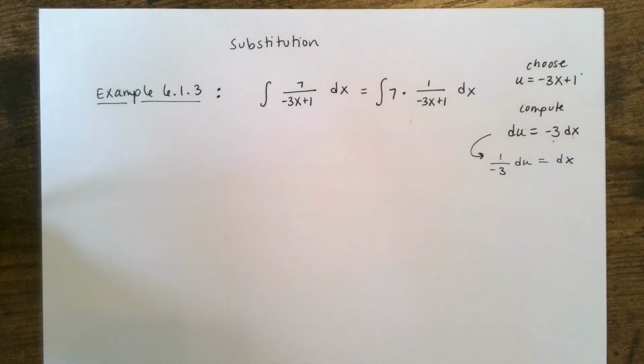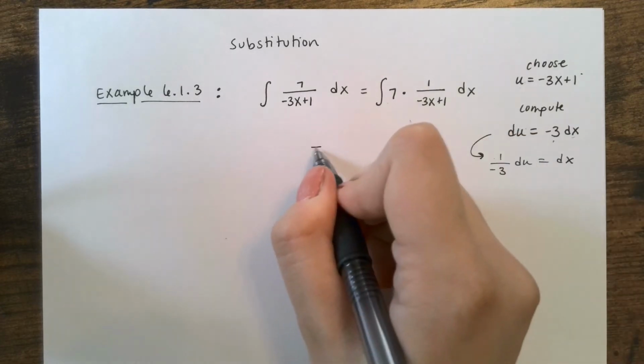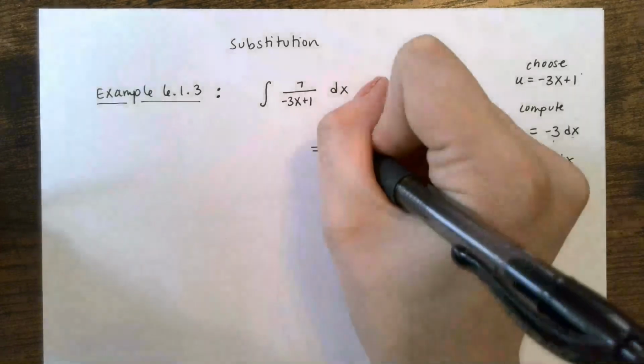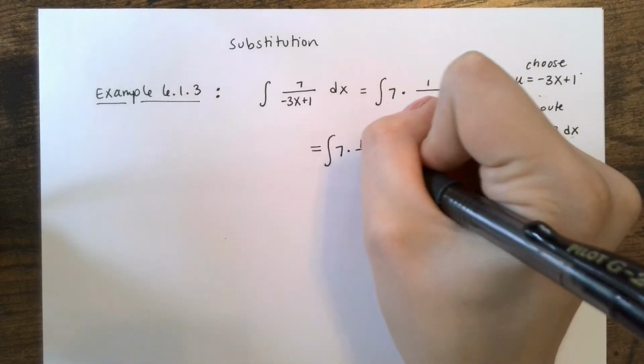Okay, so now that we've decided on that substitution, we're going to actually plug stuff in here. Our goal is to write the integral entirely in terms of u and not have any x's left over. So I have the integral and I have the 7. 1 over this stuff is of course 1 over u.